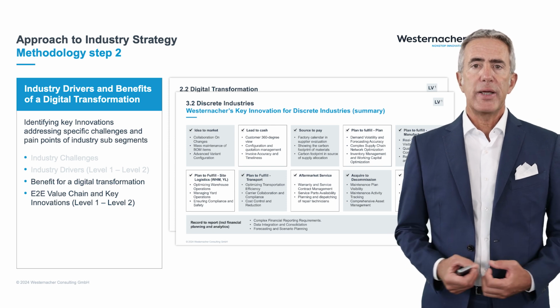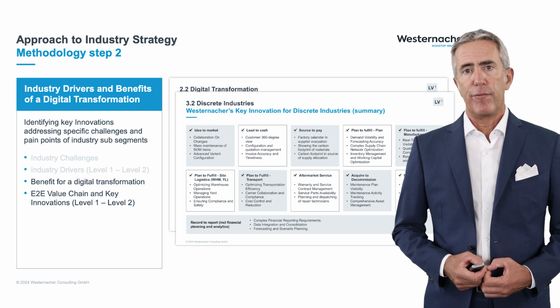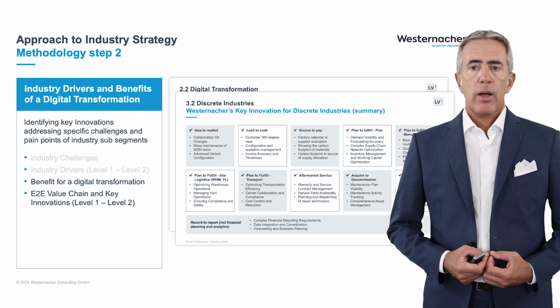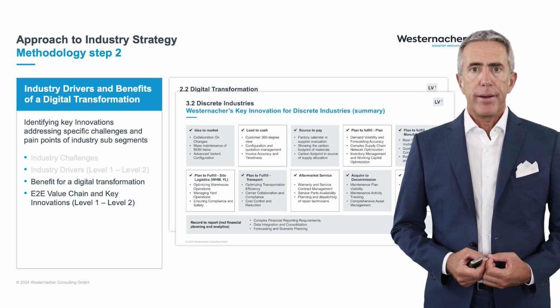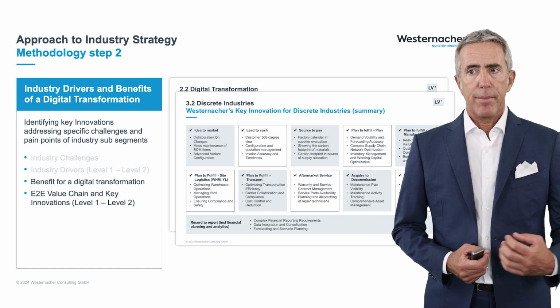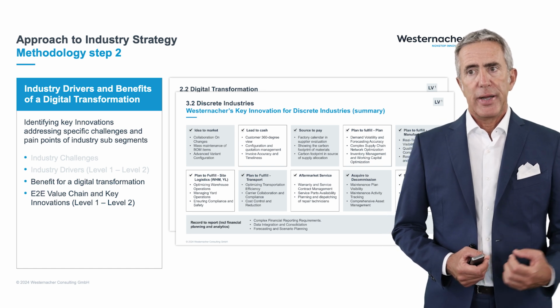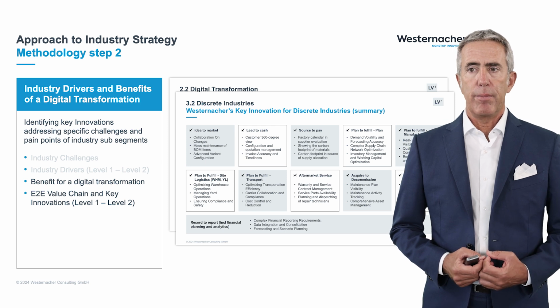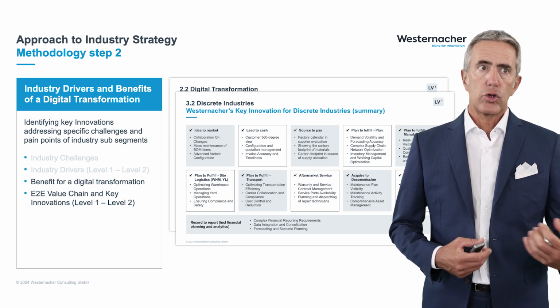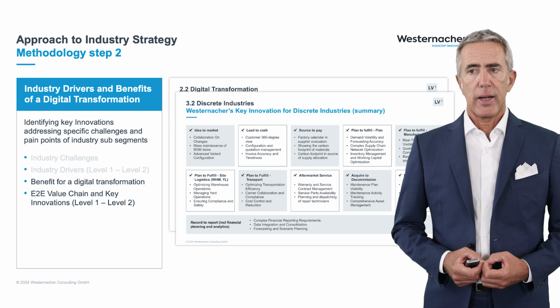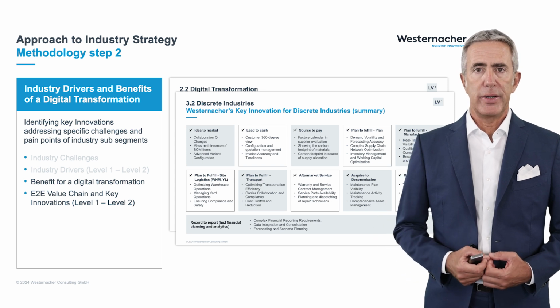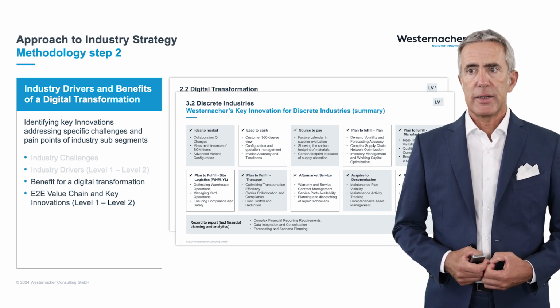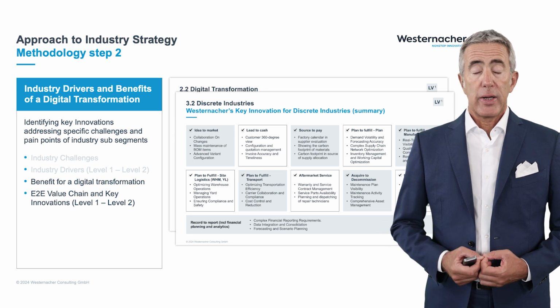And here we can analyze, for example, for the discrete industry, their value chain and key innovation area by area. For example, in the area of idea to market, where we can introduce collaboration with clients and with partners.